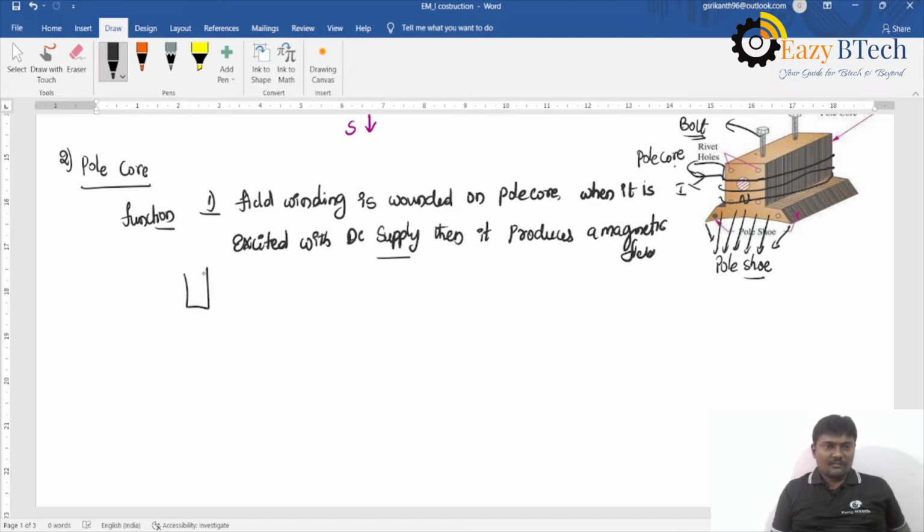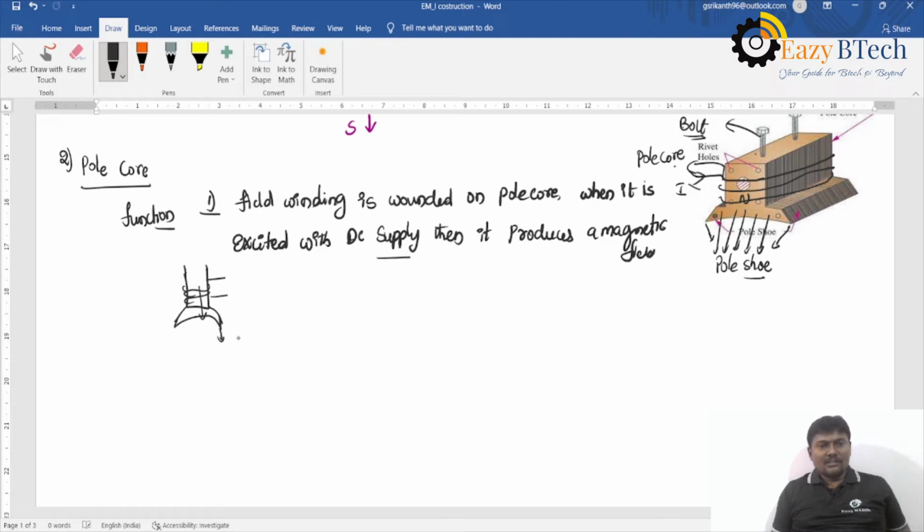Why is the shape of the pole shoe like this? If you wind the winding on the pole core, there is no mechanical support, and the windings easily come out of the pole core.